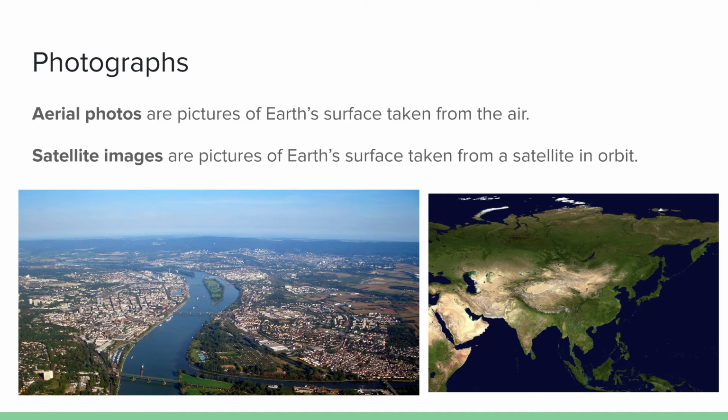These are pictures of Earth's surface taken from a satellite in orbit, like the one on the right. So when you see on the news about a hurricane coming and you see Earth looking like the photo on the right, that is what we call a satellite image, and that image is coming from space.